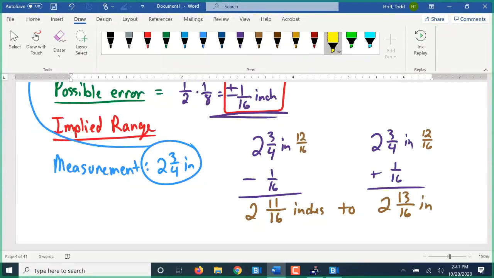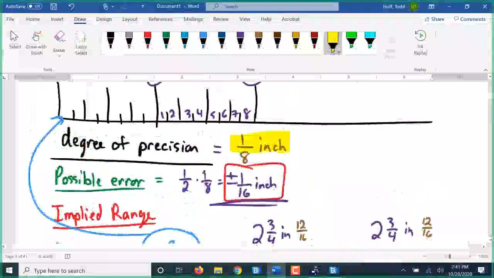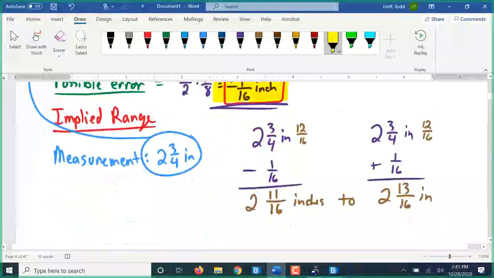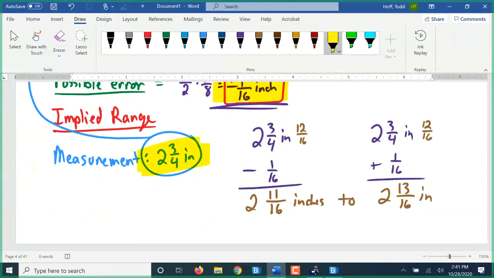So on this ruler, since it's precise to the 1/8 of an inch, it has plus or minus a 1/16 of an inch error. If I report a measurement as 2 3/4 inches, what that's really saying is that that object is anywhere between 2 and 11/16 inches and 2 and 13/16 inches.